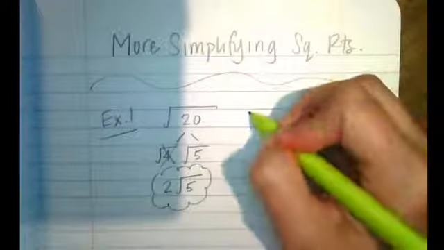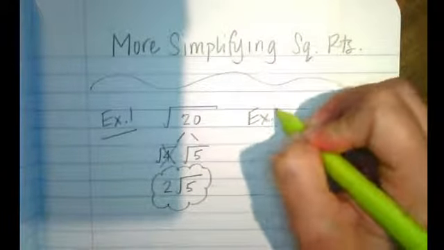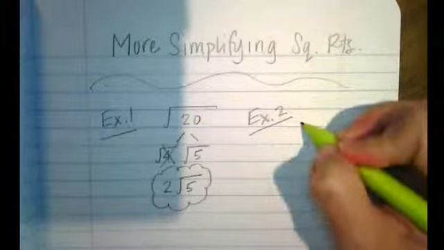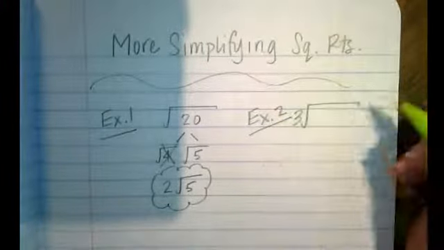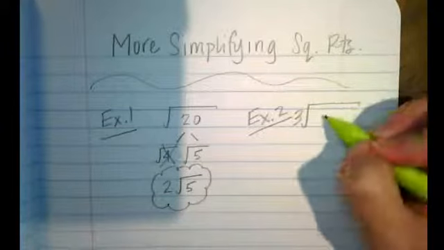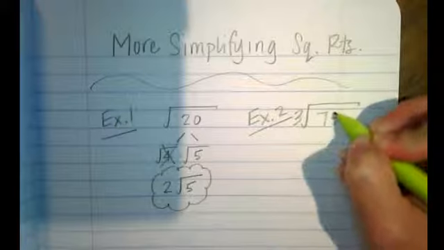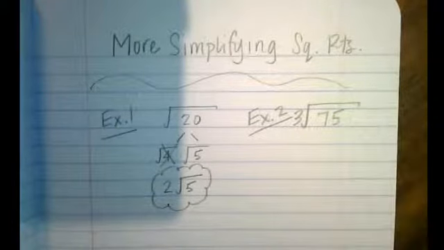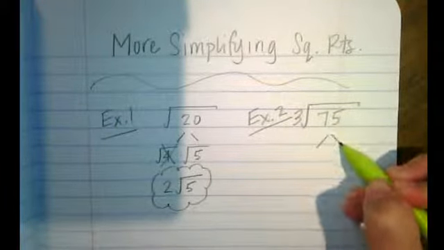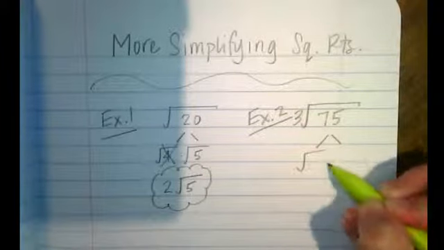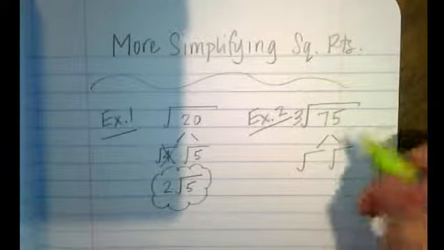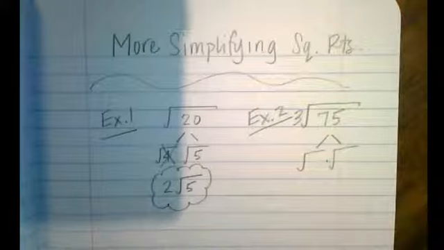All right. Another one, let's say you have, actually let's put 3 times the square root of 75. I think we did something like that yesterday. So we want to break 75, since it's not perfect, into factors where one of them is a perfect square.